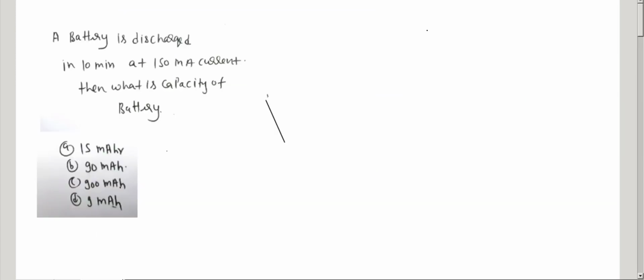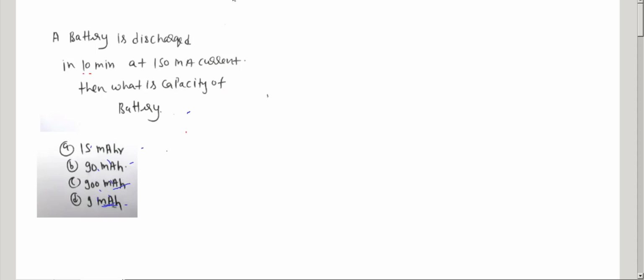So let's see the next question. A battery is discharged in 10 minutes, the capacity of the battery... If you don't understand what the capacity of the battery is, and you don't know the unit, check the options first.